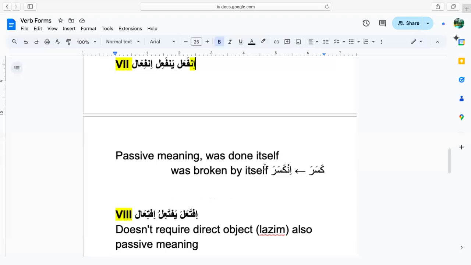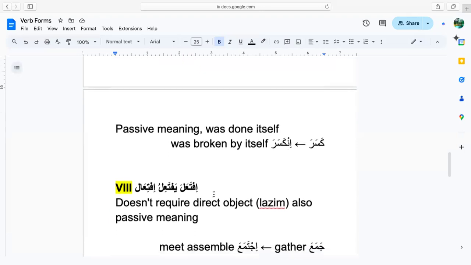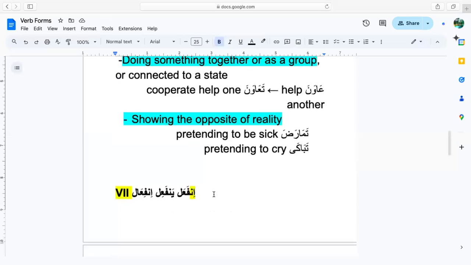The action was done by itself. So kasara, he broke, yaksiru. Inkasara, it was broken by itself. So inkasara yankasiru inkisaran. That's how we do the masdar and the tasrif of that verb. So inkasara al-kubu. The noun remains marfu with the dhamma. So the cup broke. Who broke it? We don't know. So that was that group.